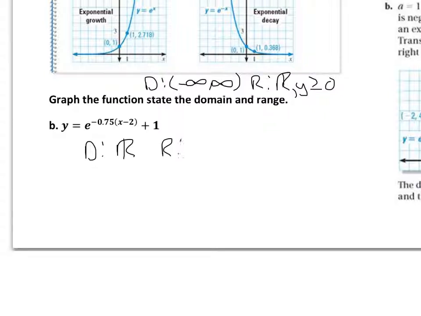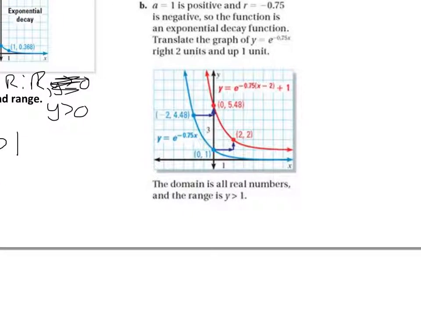But the range is moved up 1, so it's all real numbers when y is greater than 1. And I need to correct something: is that greater than or equal to 0? It's y is greater than 0 because it never equals 0. So that's y is greater than 1. Then you would type this into your calculator, and we'll go over graphs in class if we're unsure, but this is what you would get.